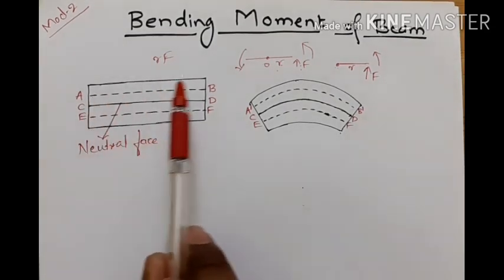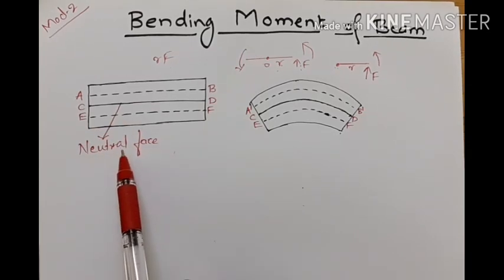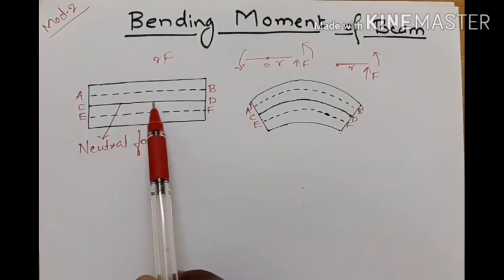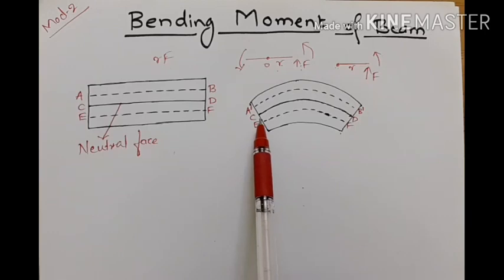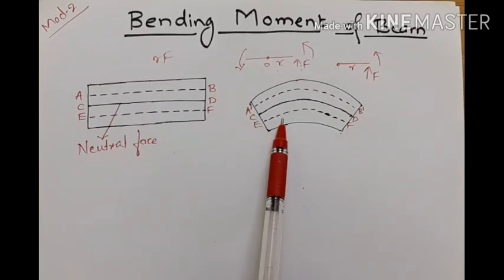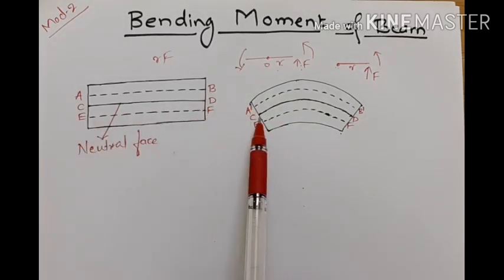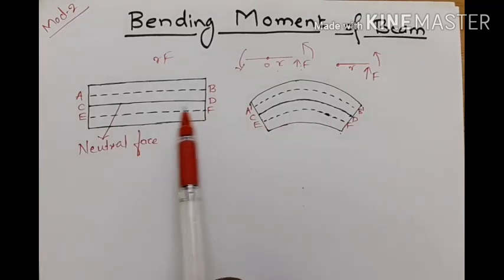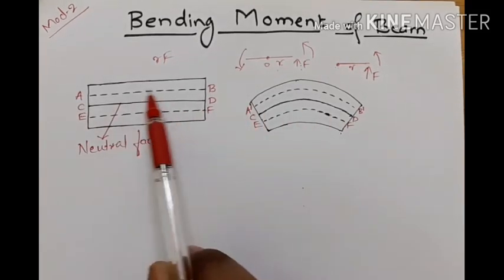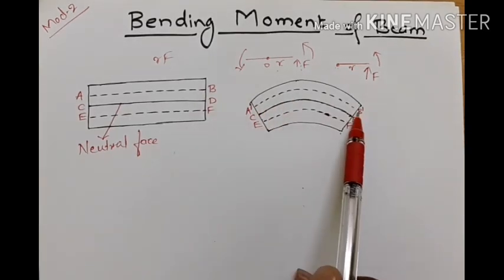Now this is the beam, and here we have the neutral surface or neutral axis. What is a neutral axis? The axis which will not change its dimension even after bending. Here you can observe this is before bending and this is after bending. CD is the neutral axis, it is not changing its dimension, whereas AB is the original length and A dash B dash is the length after bending.